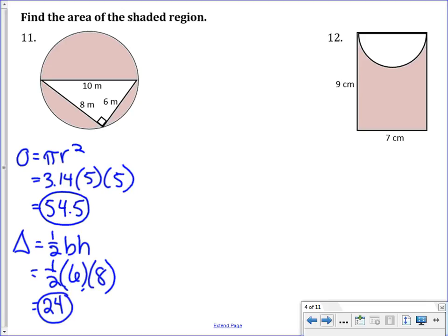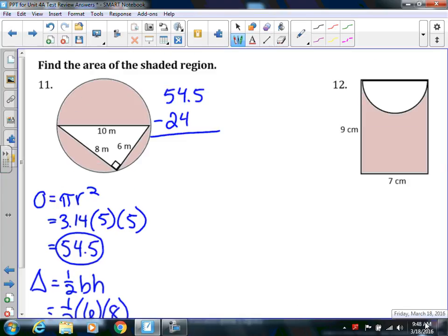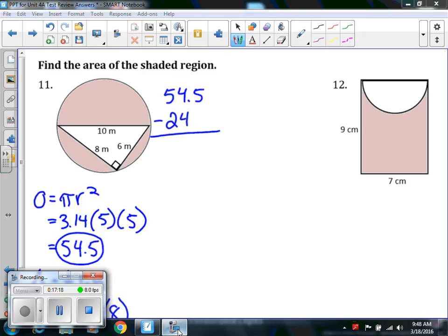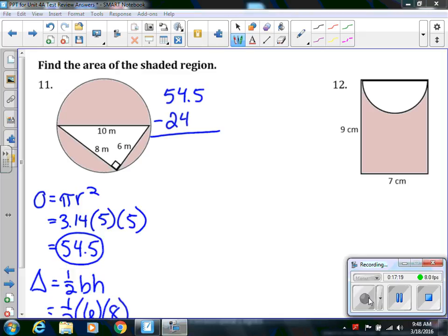That means I have 54.5 minus 24. Sorry, I actually wrote the wrong thing in here.